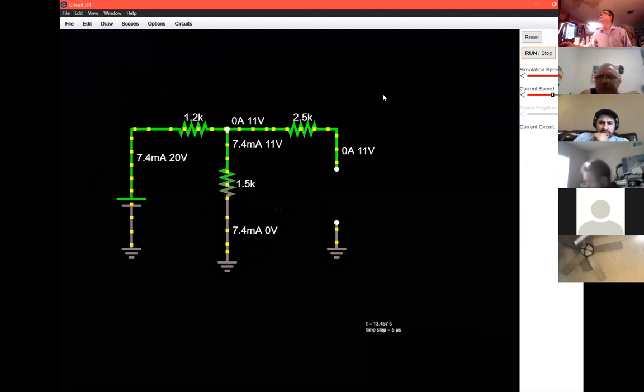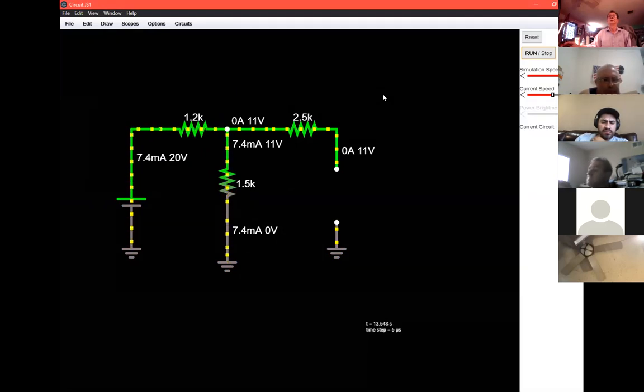That's basically the same results that you calculated in the previous circuit, and breaking the circuit for a disconnect, you had the 11.1 volts as your value.